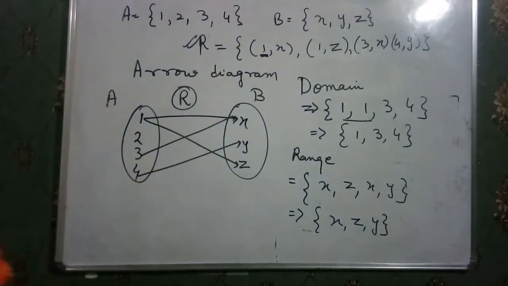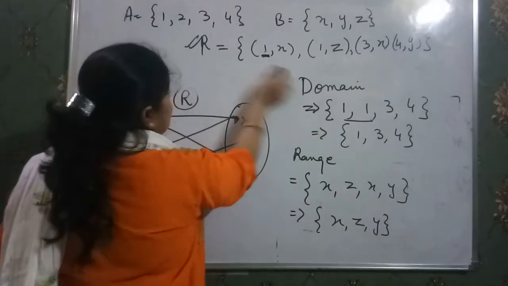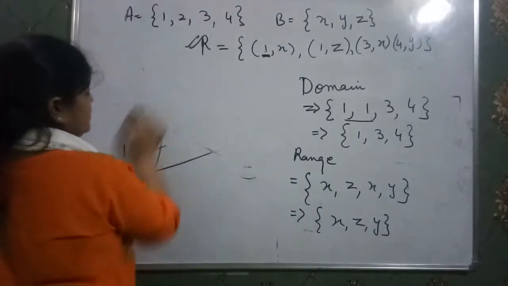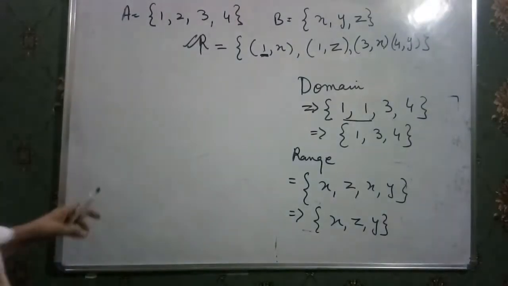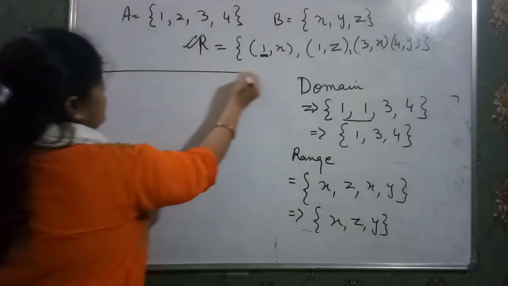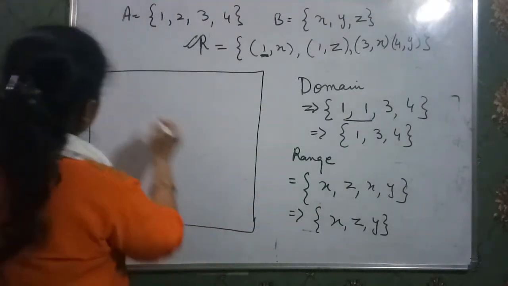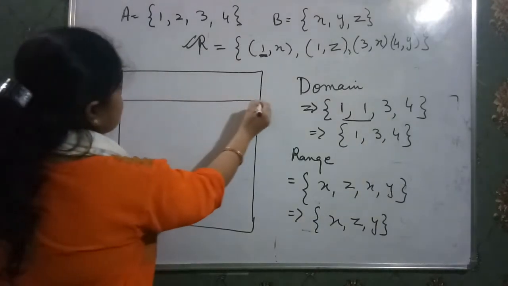Now I am also going to explain how you represent this relation in tabular form. That means if the question asks us to represent this relation in tabular form, how will you represent it? You just make a table, you just make a box. Then write here, relation, and make 2 lines.